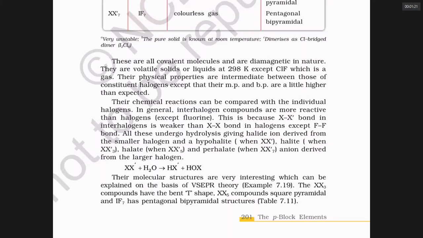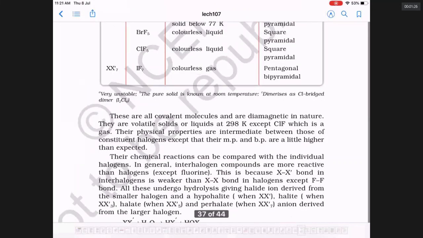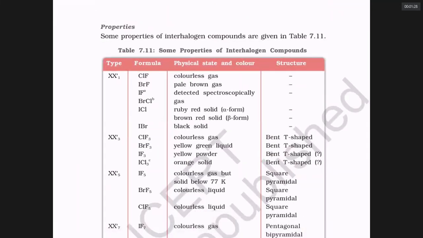No doubt, sir. The interhalogen compounds of formula XX' are linear. If you look at ClF, BrF, IF, BrCl, ICl, only iodine chloride appears to be a solid at room temperature. All other XX' type interhalogen compounds are gases.